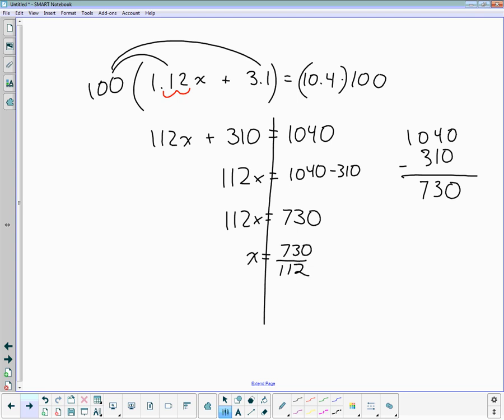And yes, that does reduce. It reduces by a bunch. And we can probably reduce it by at least 2. And we're done.